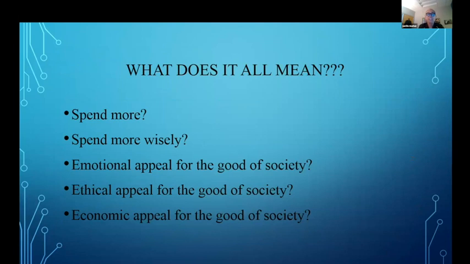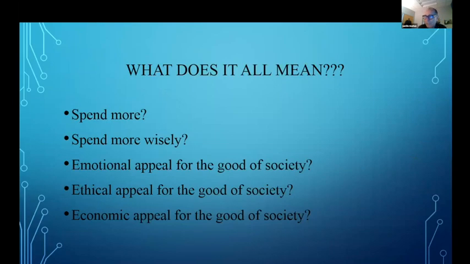So the million dollar question is, what does it all mean? In the paper, I spent a lot of time talking about some of the weaknesses of the study, and there are many. But for discussion questions: does it mean we should spend more wisely?